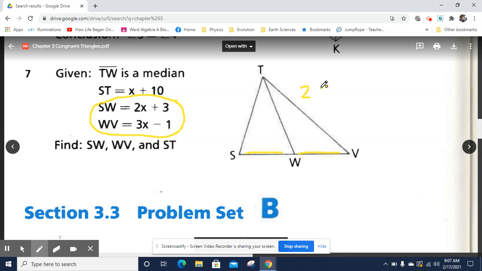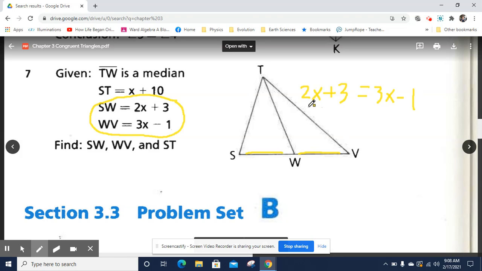We can say 2x plus 3 equals 3x minus 1. And then with some very simple algebraic tools, we can figure out what x equals. I'm going to let you do that, but that's all you have to do to figure out this problem.